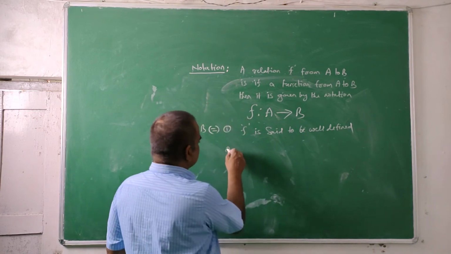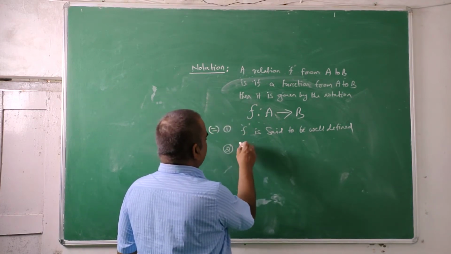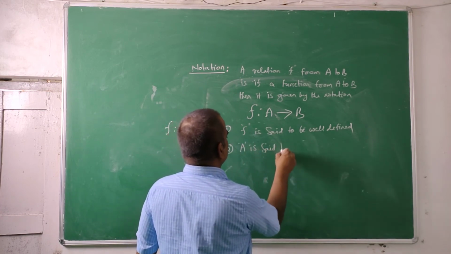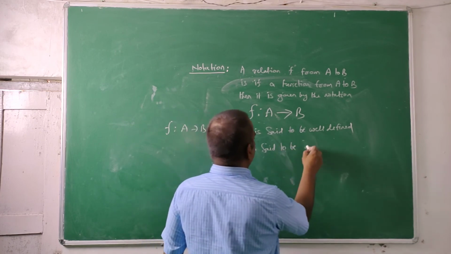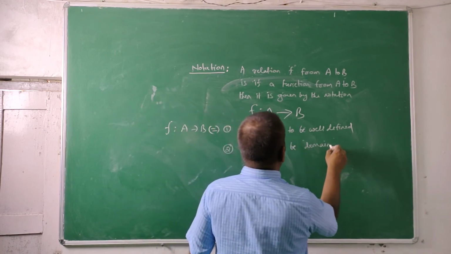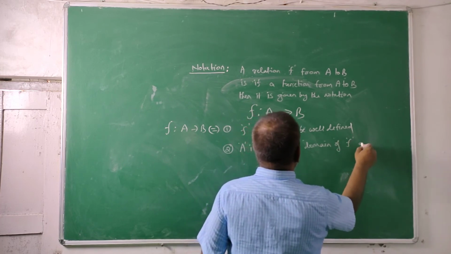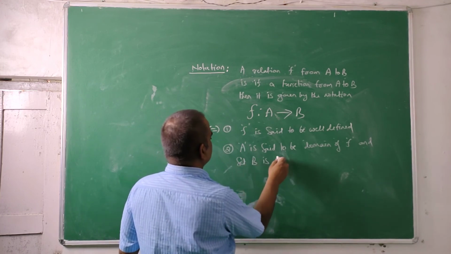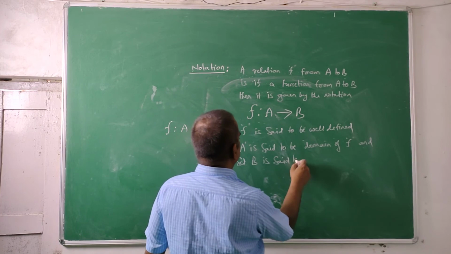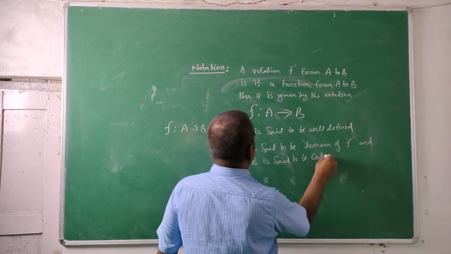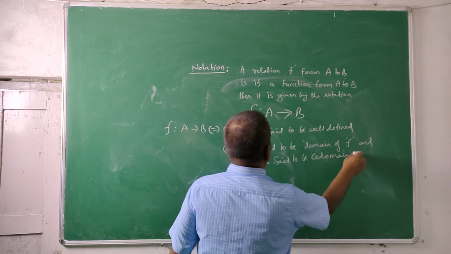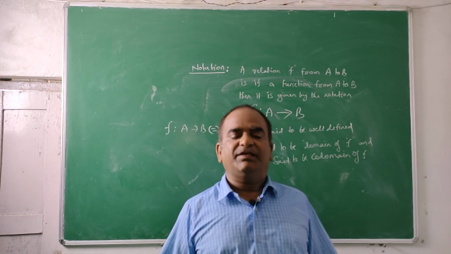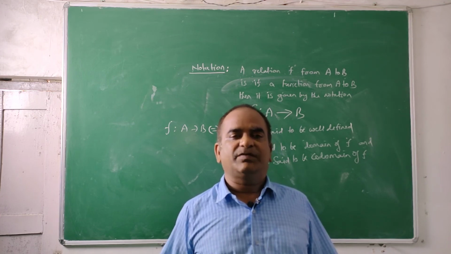Second, the set A is said to be the domain of F, and set B is said to be the codomain of F. So when F maps A to B, A is said to be domain, B is said to be codomain.